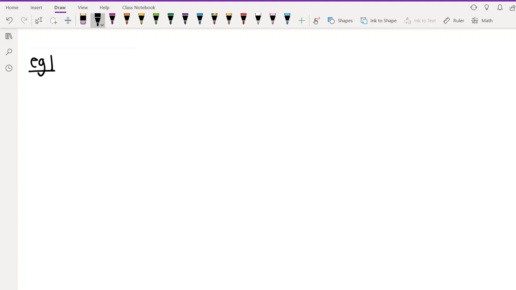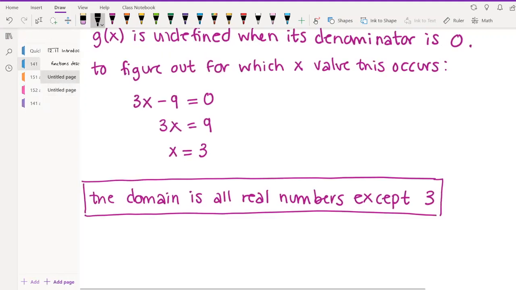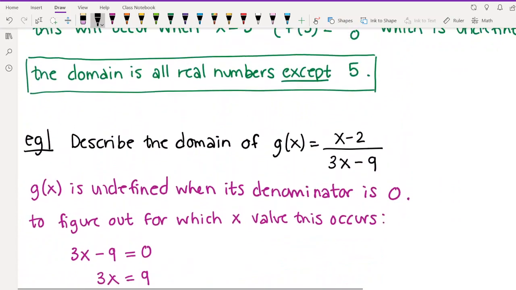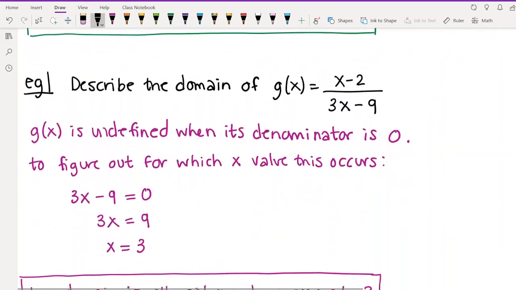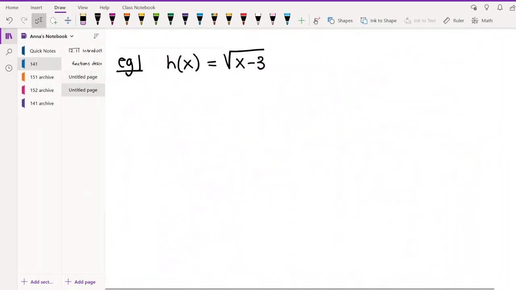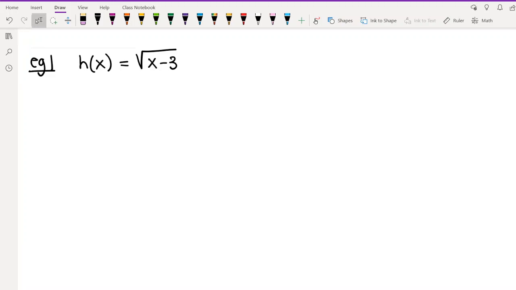Okay, so next one I want to look at is the function h of x is equal to the square root of x minus 3. So I want to do things a little bit differently on this. With these past two examples, there's really only one number that made these undefined, right? With square root functions, it's going to be more than one number that makes it undefined.